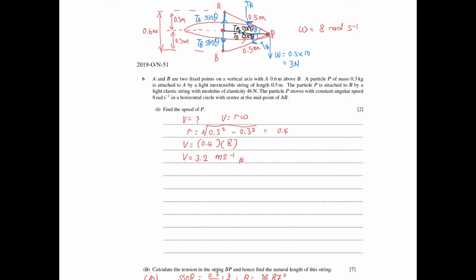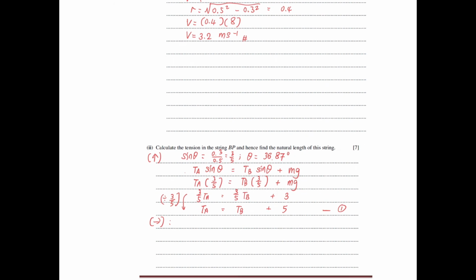So now let's write down the working. In terms of horizontal, we have TA cos theta plus TB cos theta equal to centripetal force. Since you have omega, let's use m r omega squared, the centripetal force formula.